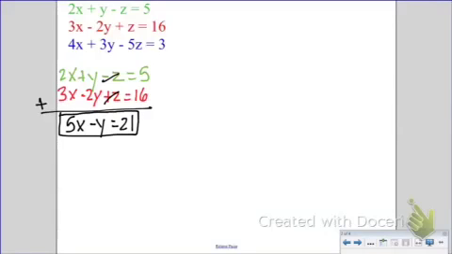The second thing we're going to do is look at the other two. The blue one doesn't have the same kind of matching z. We're still going to have to use the blue and the green. So let's rewrite them. x plus y minus z equals 5.